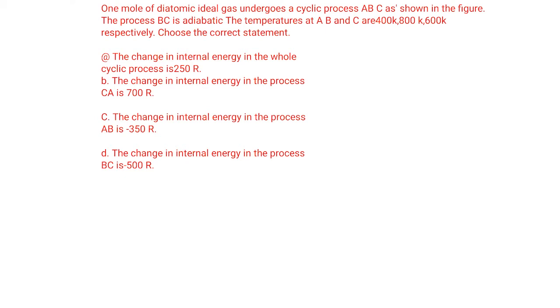Option A: the change in internal energy in the whole cyclic process is 250 R. Option B: the change in internal energy in the process CA is 700 R.